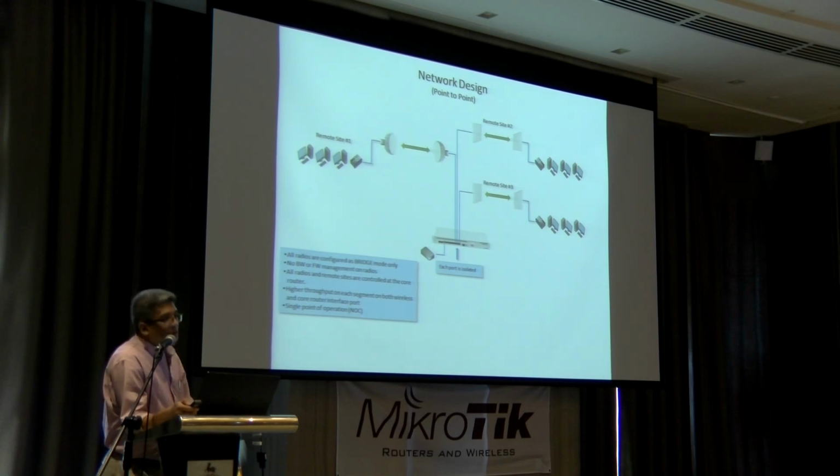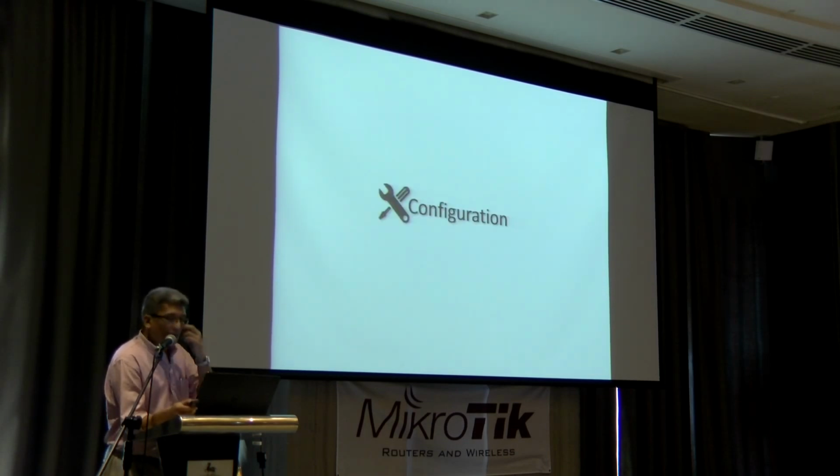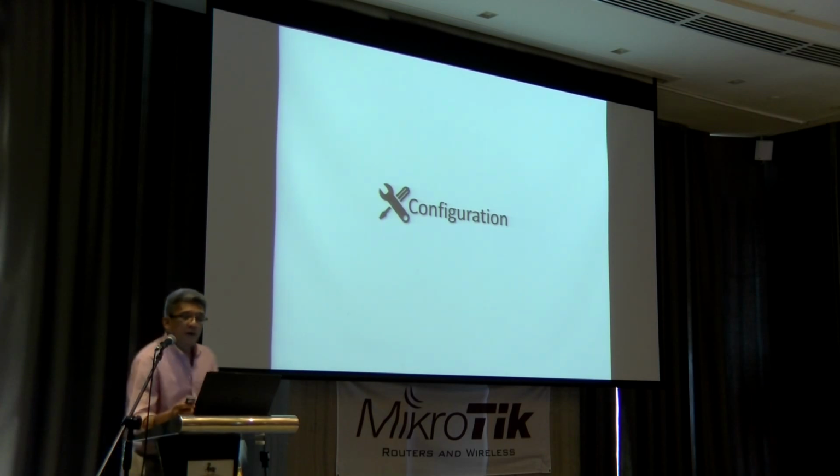Now, I'm not going into deep configuration details, but I will only cover the part of the configuration where we use unified Mangle rules and apply them to an interface port where the radios are connected.